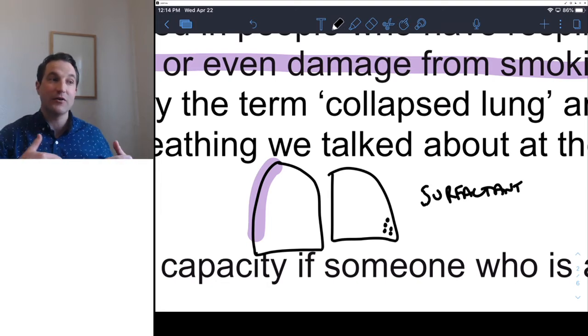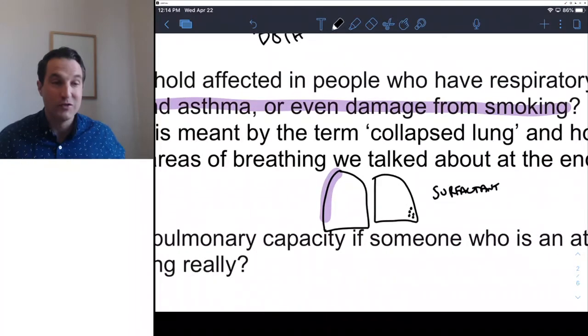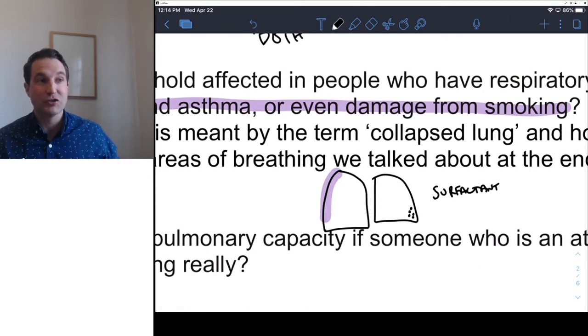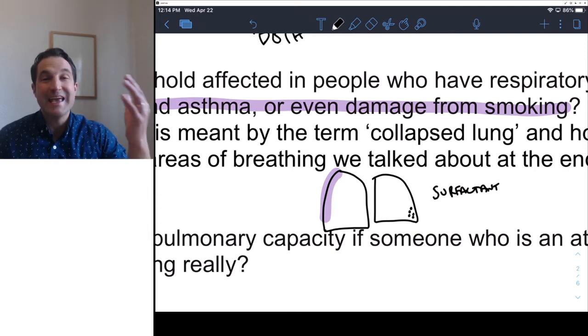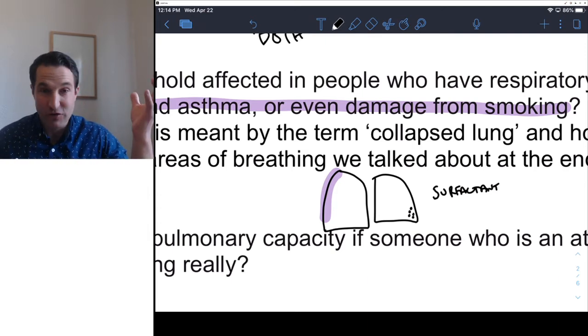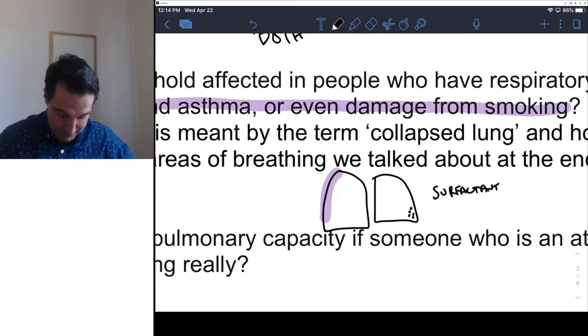Generally, it's going to be one side or the other, and it's due to like a pneumothorax, like you get a chest wound that goes into your lung, and that kind of deflates the pressure differences, okay? And that's going to be a collapsed lung. We don't like that because of the pressure differential, that even when we can breathe normally, we can't fill our alveoli. If you can't fill your alveoli, you can't transport gas into your blood, and you can't transport gas out of your blood. Really bad.